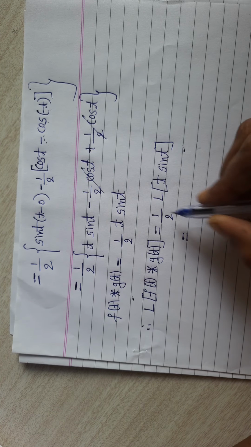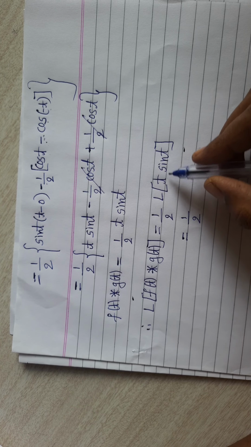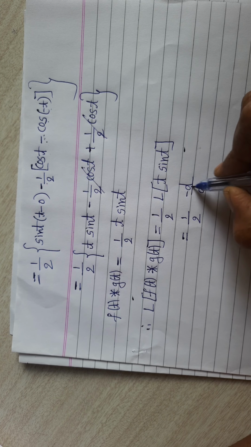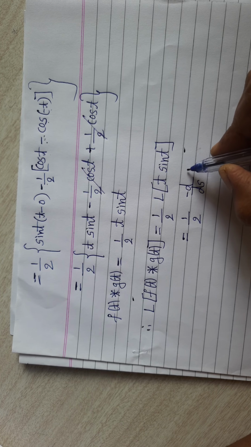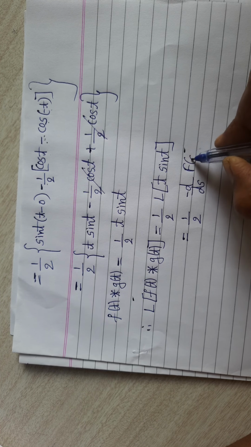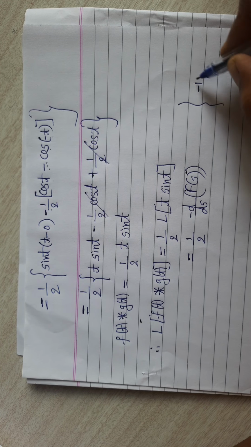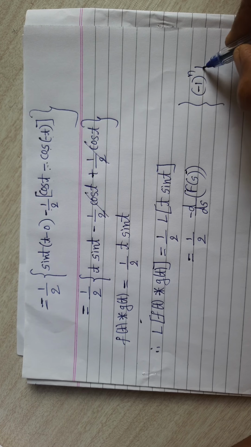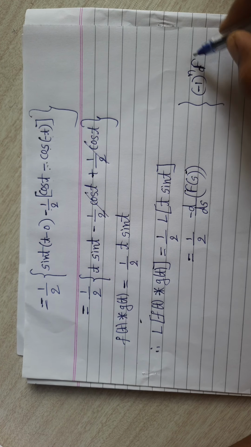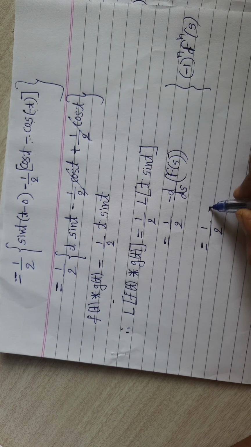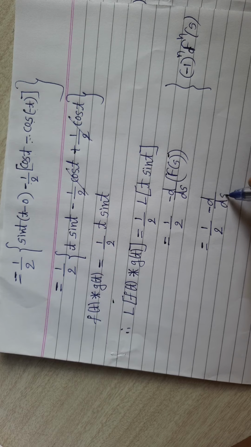So write 1 by 2 as it is. L of t into sin t can be written as minus d by ds of f of s, that is minus 1 to the power n into f n of s. So here 1 by 2 constant as it is into minus d by ds of f of s.